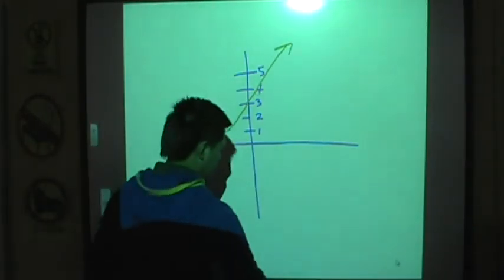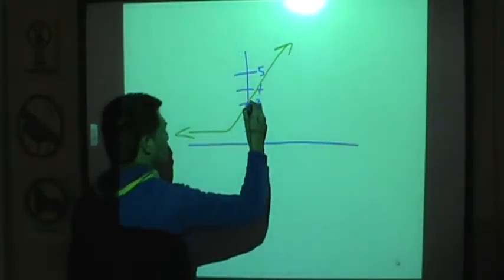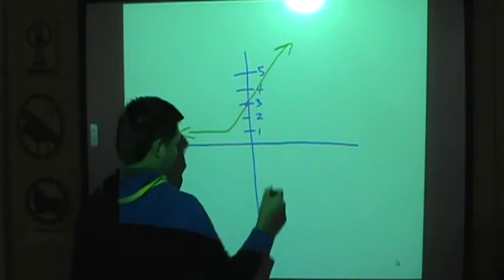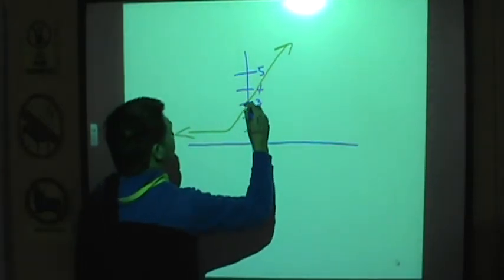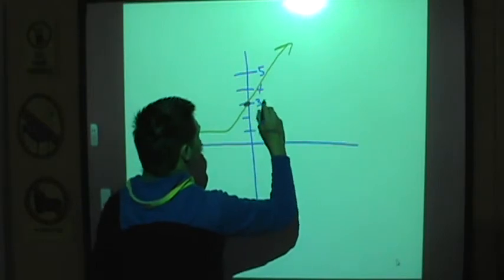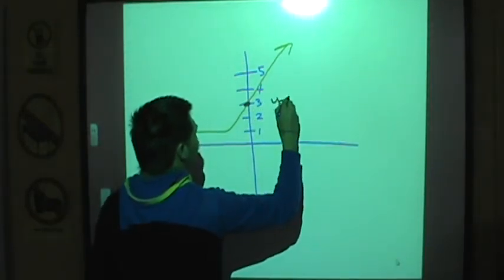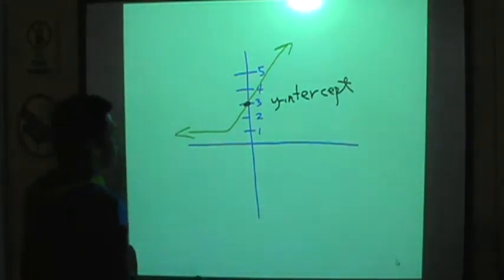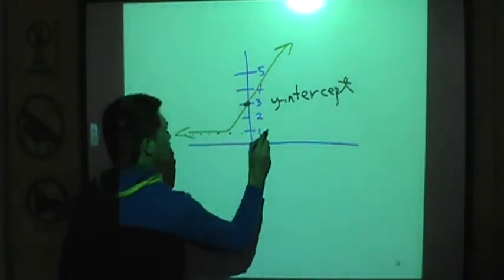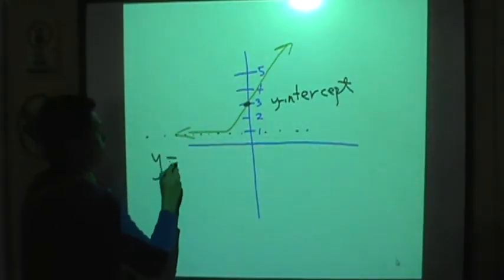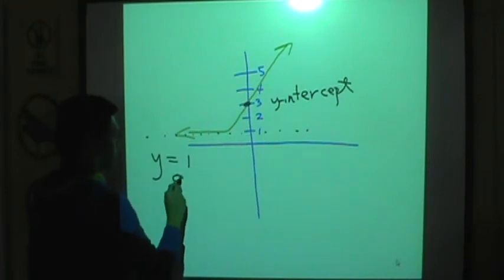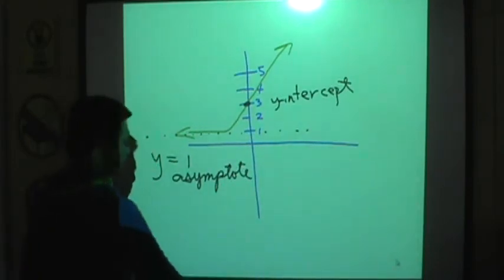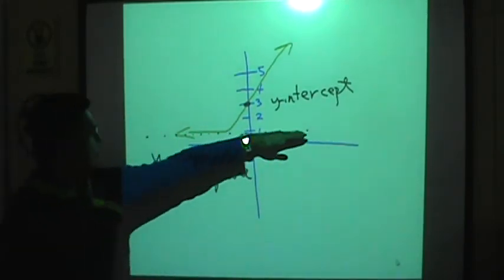For example, we have a graph like this. We can say now that this is your y-intercept, and this line y equals 1 is your asymptote.